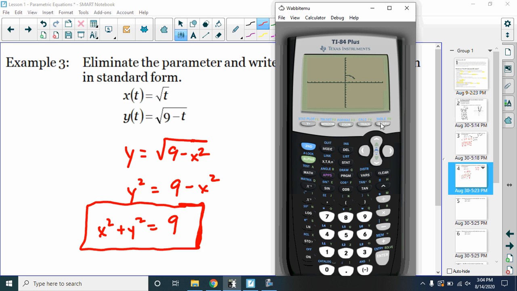And it doesn't draw a great graph. Actually, that's a pretty terrible graph. I think we need to change our window. Notice it's starting with t equals 0 and right now going up to looks like 2 pi. So I'm going to change that. We're going to start at -10 and go up to +10. Hopefully that'll help.